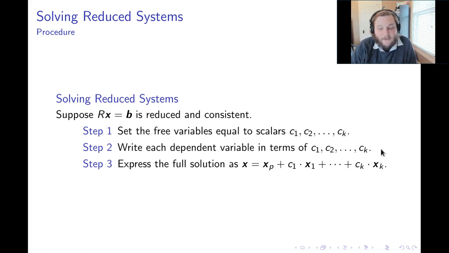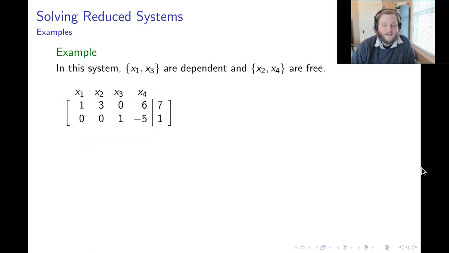And then finally, as we'll see in our examples, this will allow us to express the full solution, x, as a specific vector, x sub p, plus a generic linear combination of other vectors that pop out of the process. So let's see this in action.